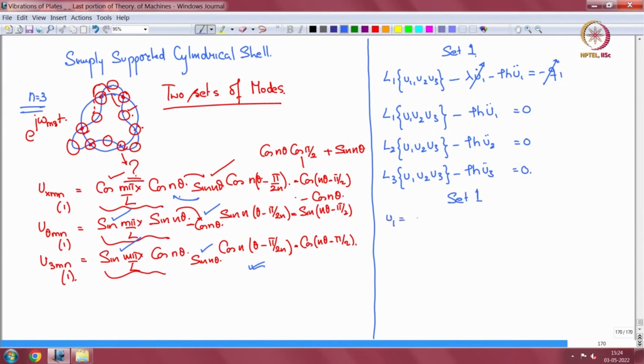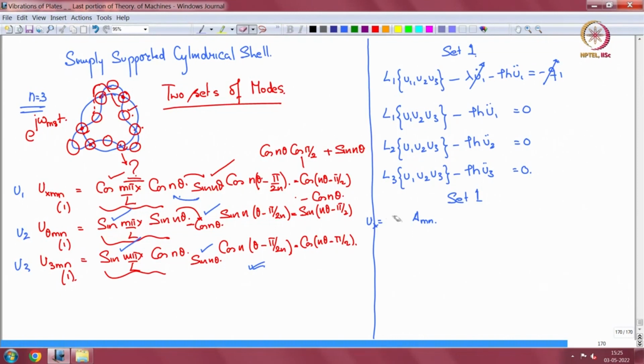U1 will look like AMN. So U1 and UX are same. Let me stick with the same notation.